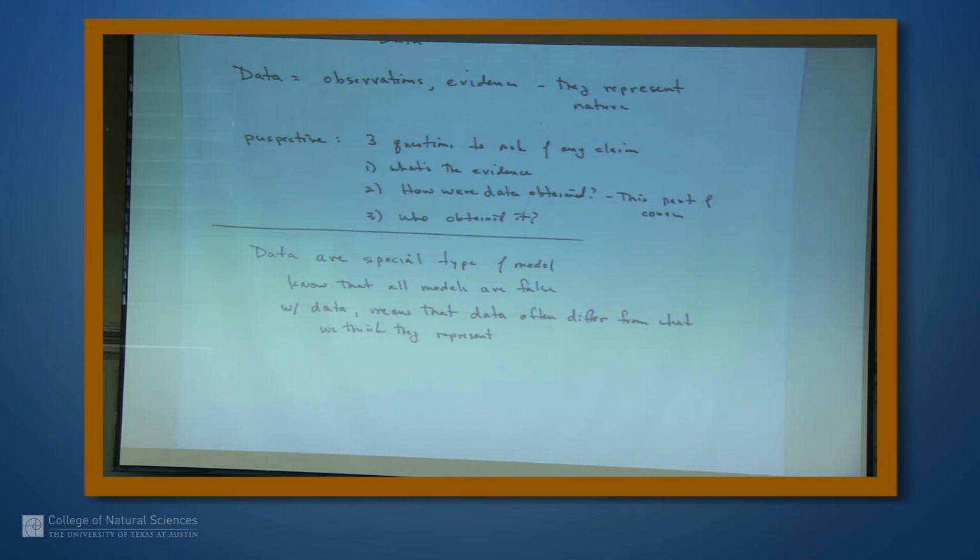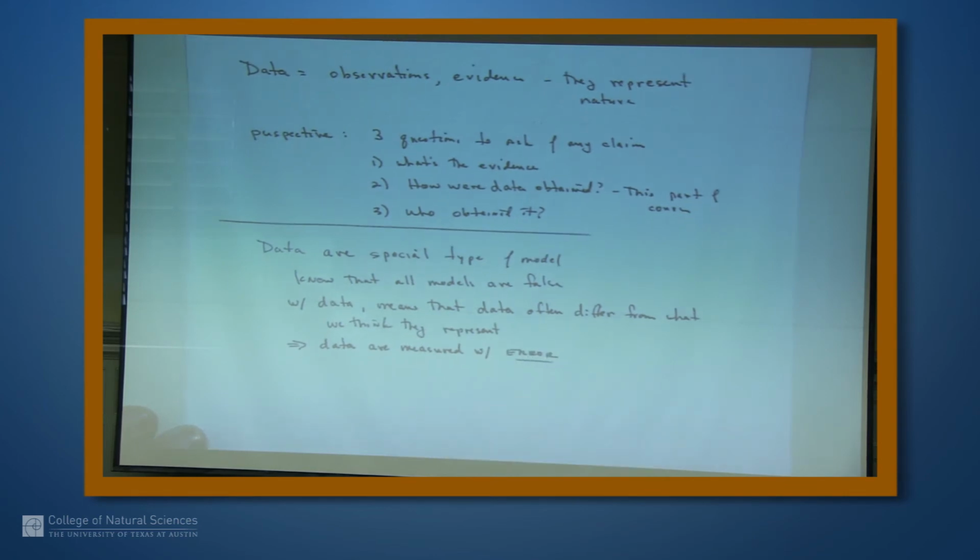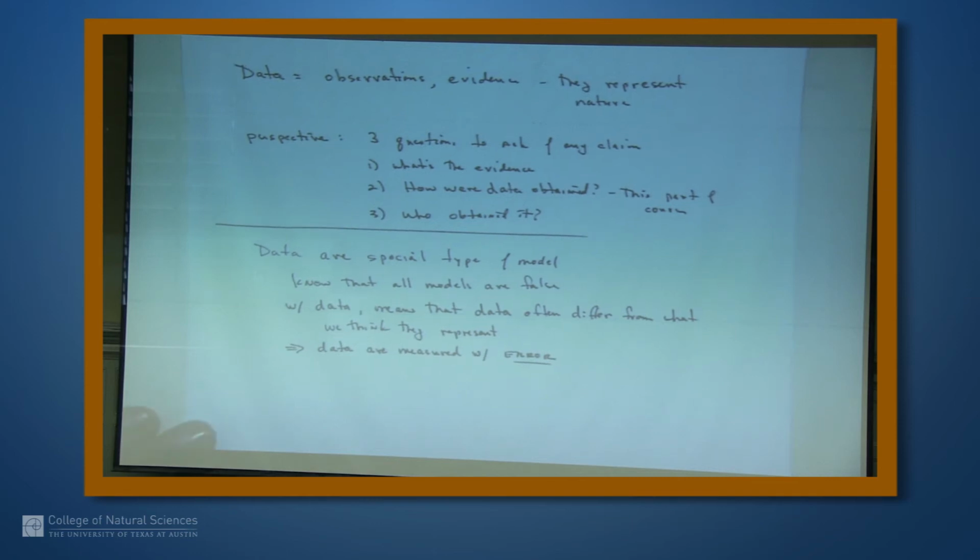And we say that data are measured with error. Now, these may not be serious, but we need to be aware of them to understand what the limitations of the data are or might be.